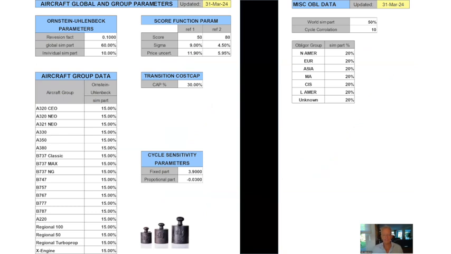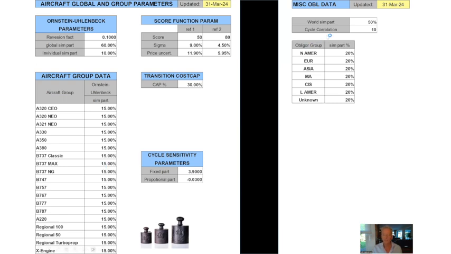The way these different weighting data are entered into the MIDAX database, I've shown here a screenshot of the database manager. You can see here how we have the global simulation part for aircraft, 60%, the individual part is 10%, and then the aircraft group is 15%, and the remainder is with the type.